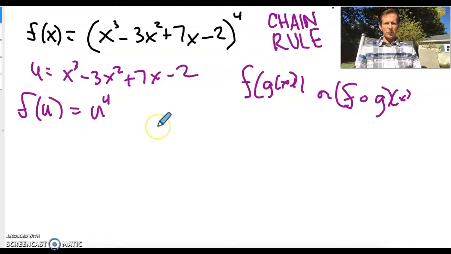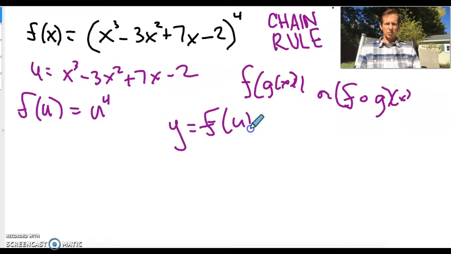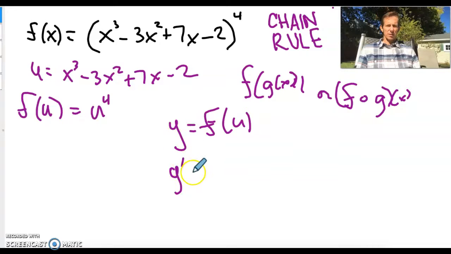So if you have a composition of functions and you want to find the derivative, what I'm going to do is just quickly, for notation's sake, change this to y equals f of u. And these are both separate functions. So if I want the derivative of y, y prime, or dy dx, I have to take the derivative of this function on the outside.